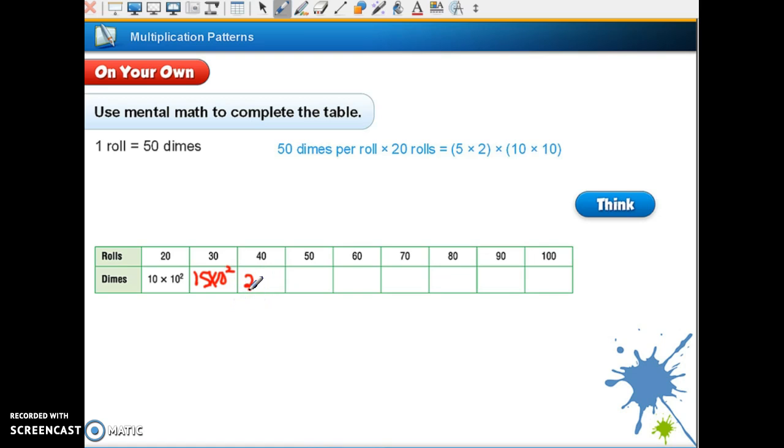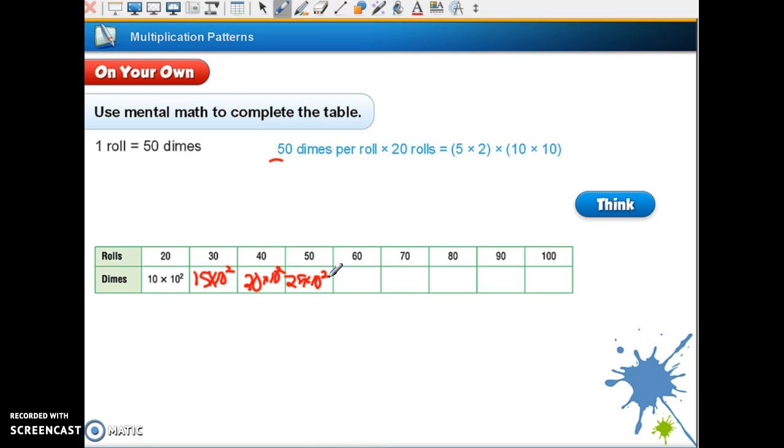Is it really going to be 20 in there? Yep. Times 10 to the... And 5 times 2 is? No, I'm sorry, 5 times 5. 25 times 10 to the second power.